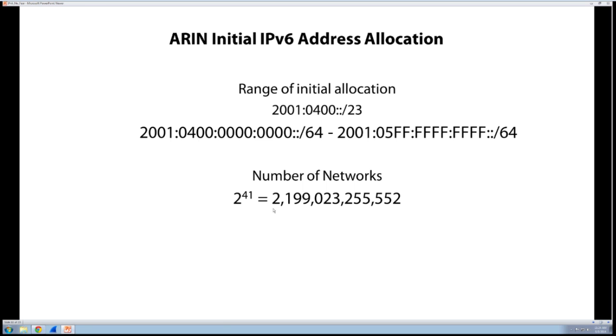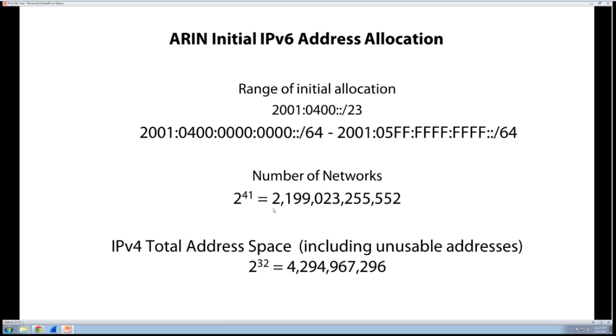All right, and all the registries around the world are going to have essentially the same IPv6 allocation. To give you an idea, the entire IP version 4 address space is 32 bits. So if we include all of the unusable addresses in there, the 127s, the multicast, which has only limited utility, and the experimental address range, which has no utility, it's only 4 billion addresses that we have available.